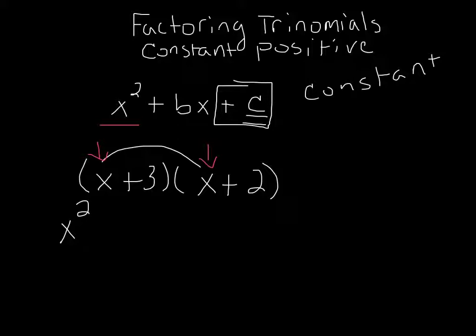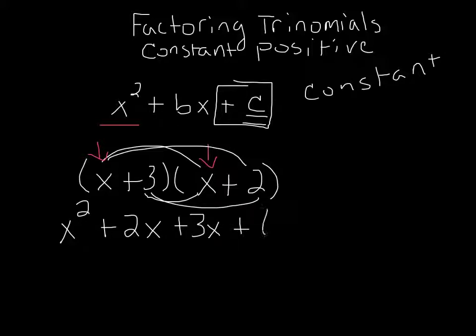Now, let's keep multiplying here. If you do x times 2, you get plus 2x. The next is the inner: 3 times x gives you plus 3x. And then 3 times 2 gives you plus 6. Now, a couple of things you can look at right away. First of all, we talked about that x squared.